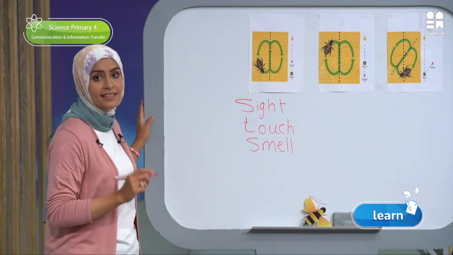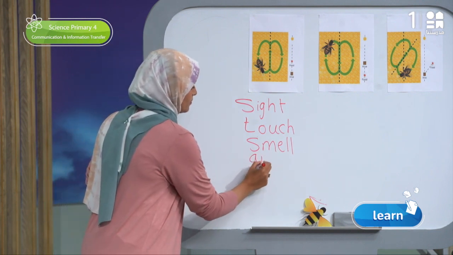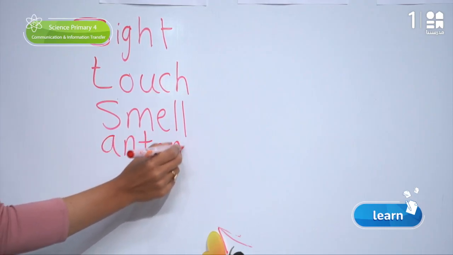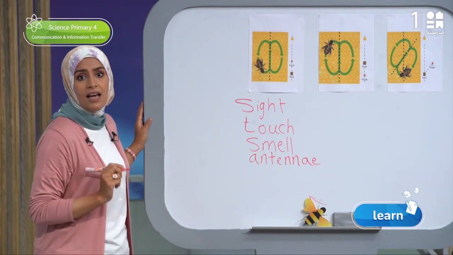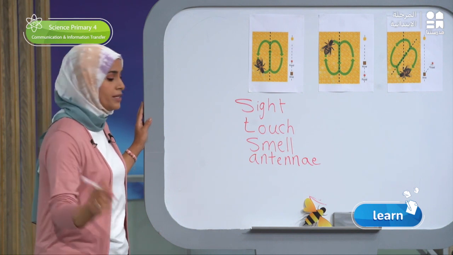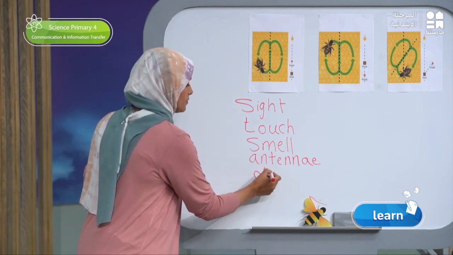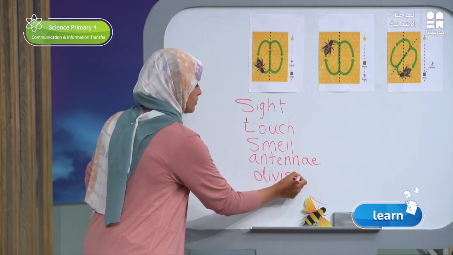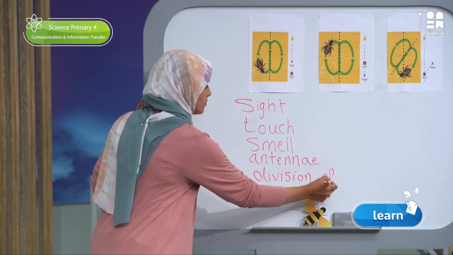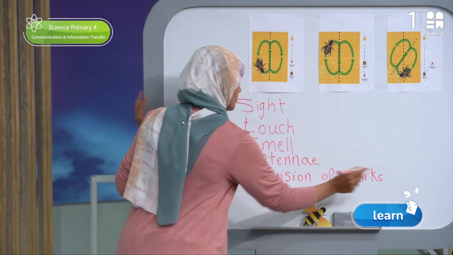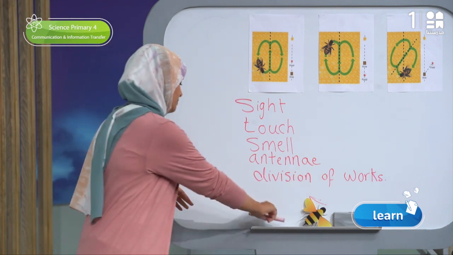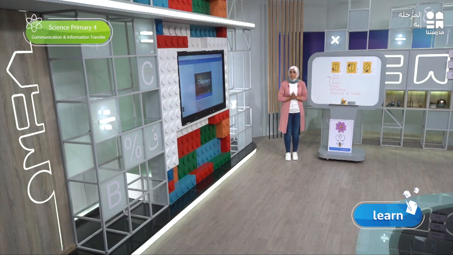The fourth word is antenna. And the last word is division of works. I observed that some kinds of ants have a good sight, like the human, to see easily.